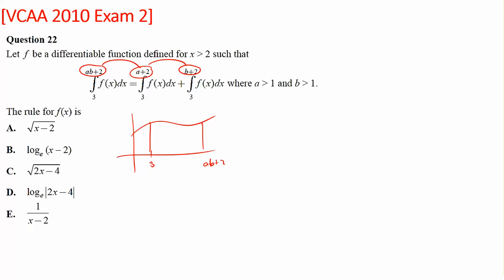If I write it again, ab plus 2, you want it to equal a plus 2 plus b plus 2. This is what you're really saying: a times b needs to equal a plus b.